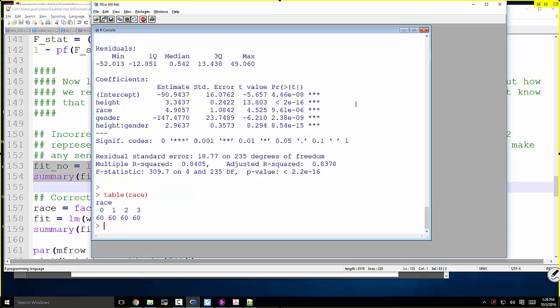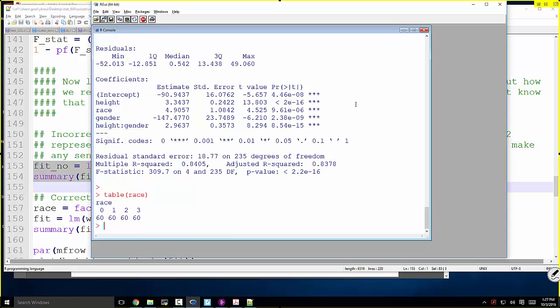There are 60 instances of race equals 0, 60 instances of race equal 1, and so on. But those zeros and ones and twos and threes don't mean anything to us. They're certainly not really numbers. It does not make sense to do arithmetic with these numbers. We could just as easily have called it 3, 2, 1, 0, or any other 4 unique numbers.